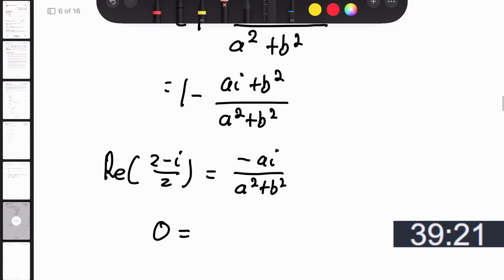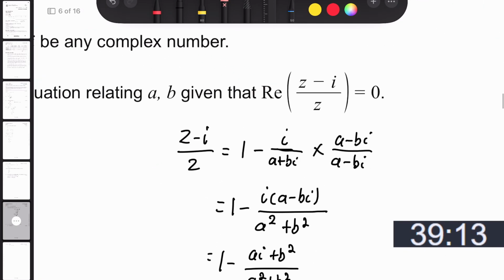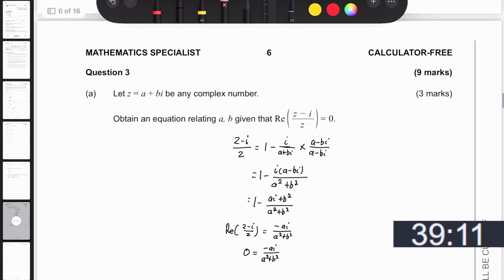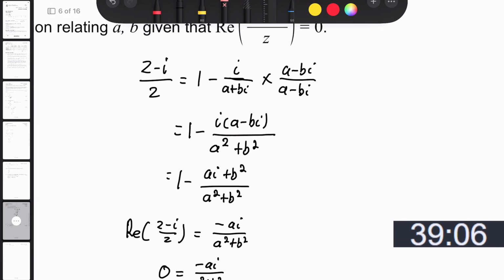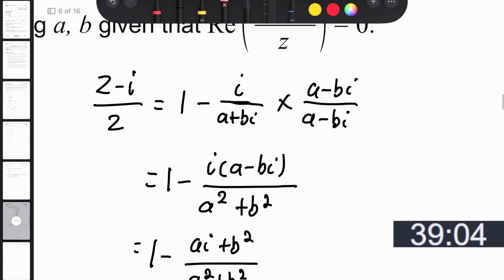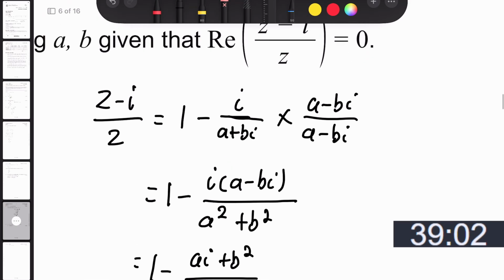So then 0 would equal negative ai over a squared plus b squared. But it wants an equation relating a and b. Did I do anything wrong though?